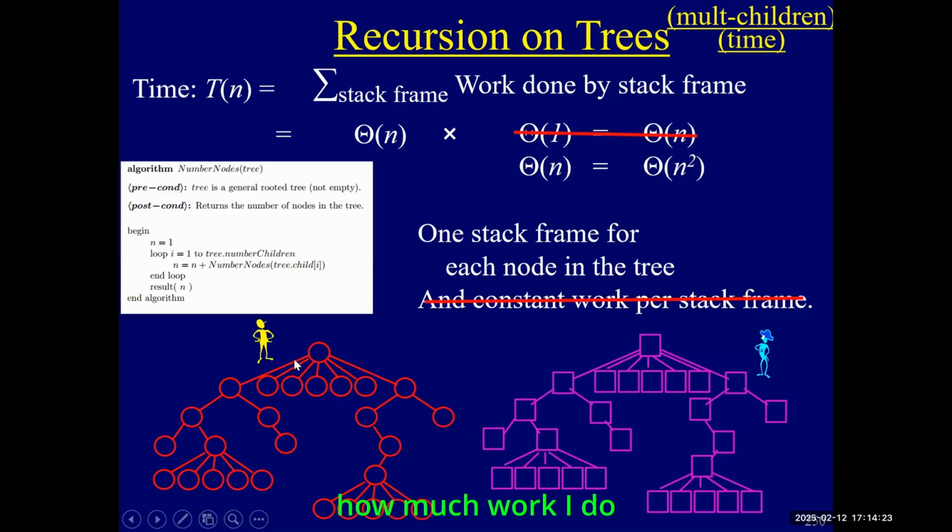In the code, I do work for each edge. Each node does work for each edge, because it's looping over the children. So the amount of work a node does is the number of edges, and in some ways, the total work is not the number of nodes, it's the number of edges.